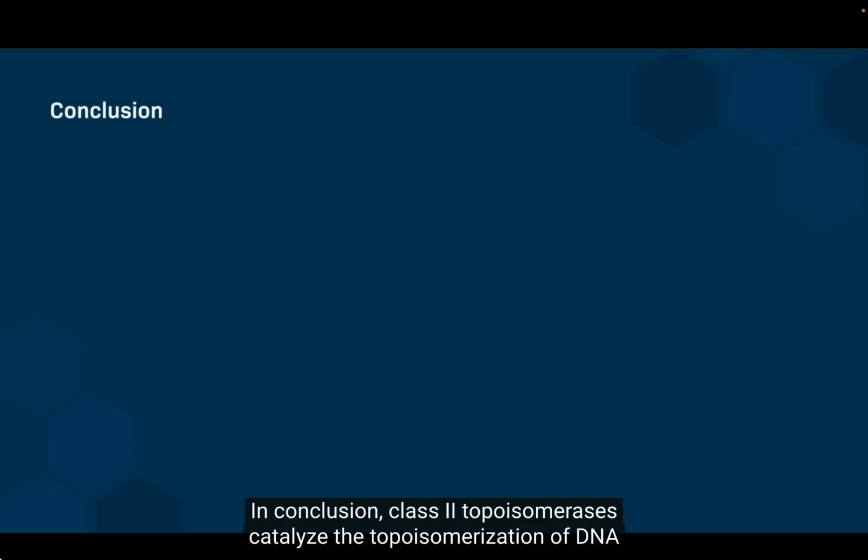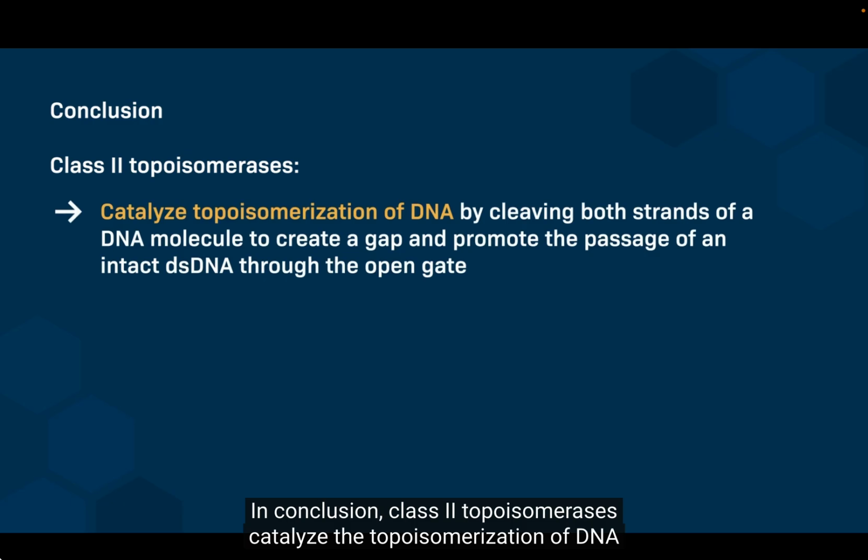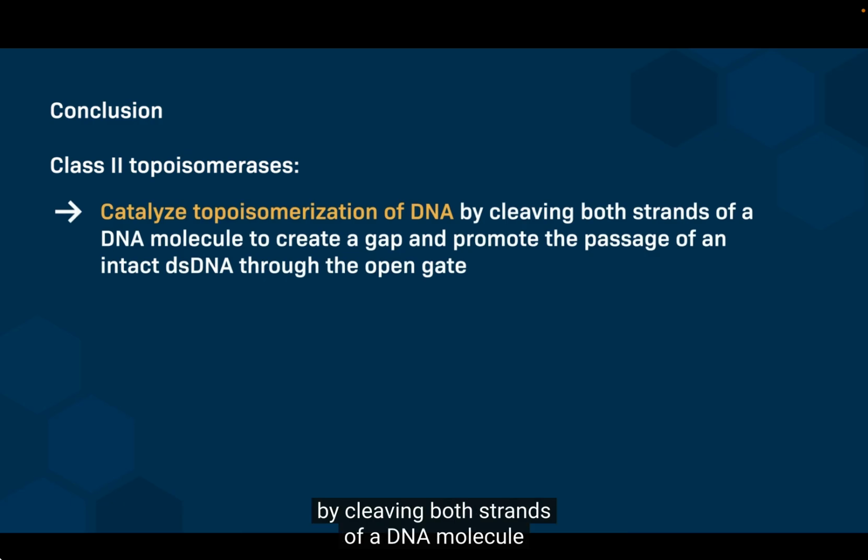In conclusion, class II topoisomerases catalyze the topoisomerization of DNA by cleaving both strands of a DNA molecule to create a gap and promote the passage of intact double-stranded DNA through this opening.